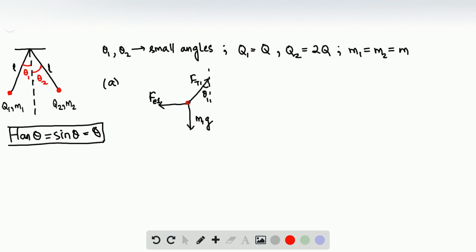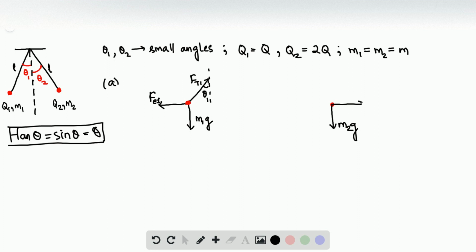Now let's draw the free body diagram of the second mass. So over here, as we drew the free body diagram of the first mass, in this case also, there will be a gravitational force m2g downwards.